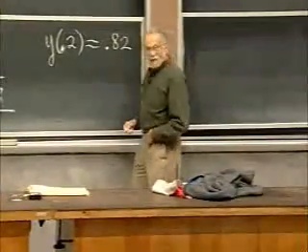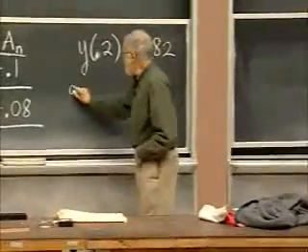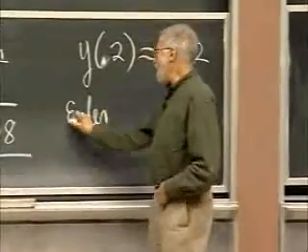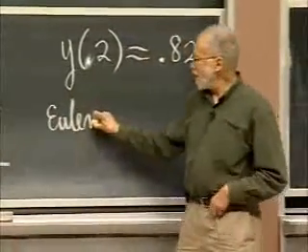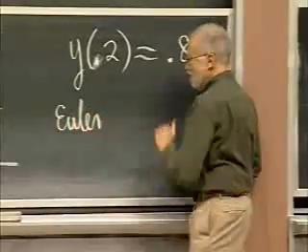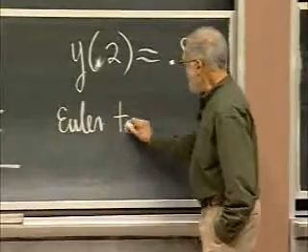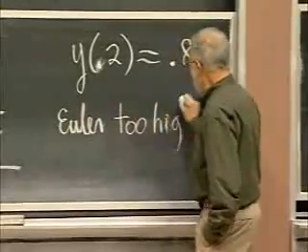Well, the first question I'd like to answer is, is this too high or too low? Is Euler, sorry, he will forgive me in heaven, I will use him, by this I mean, let me say something first and then I'll criticize it. Is Euler too high or too low?